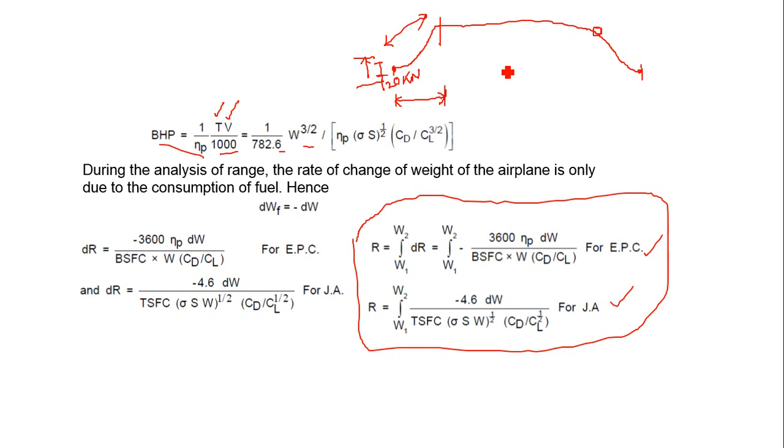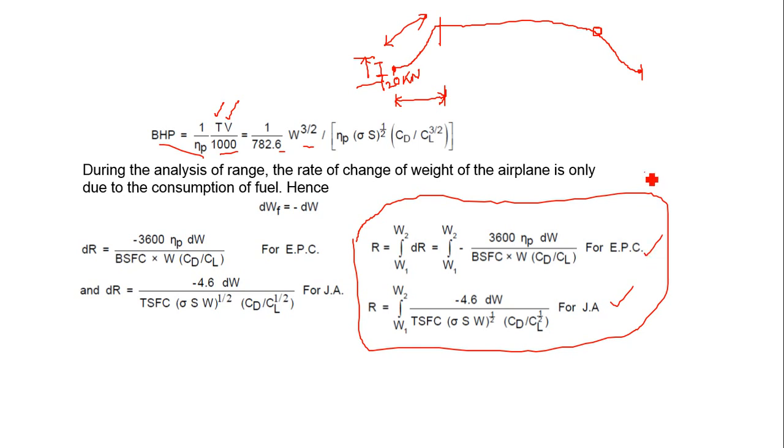Okay, so substituting all those terms, we get the equation R equal to integral of W1 to W2 of minus 3600 into eta P into dW divided by BSFC into W into CD by CL. This is for an engine power, propeller combination.